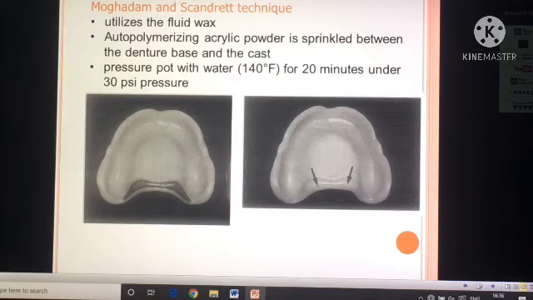Then they separate the cast from the denture, remove the fluid wax, place the denture on the cast and fix it with a rubber band. The space between the denture and the cast is filled with autopolymerizing acrylic powder, and then it is placed in a pressure pot with water at 140 degrees Fahrenheit for 20 minutes under 30 psi pressure. Thus, the posterior palatal seal, which was inadequate, has been fulfilled.